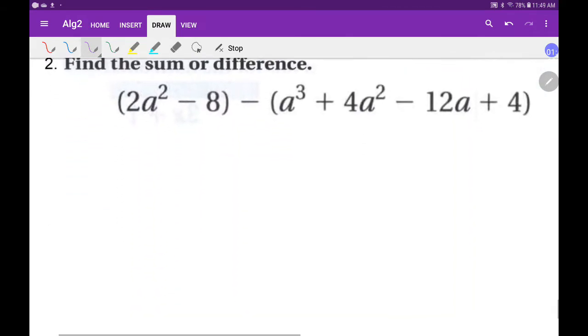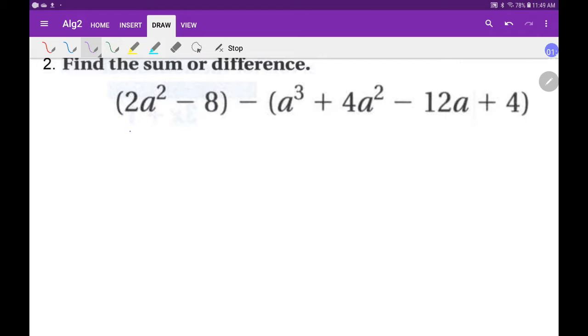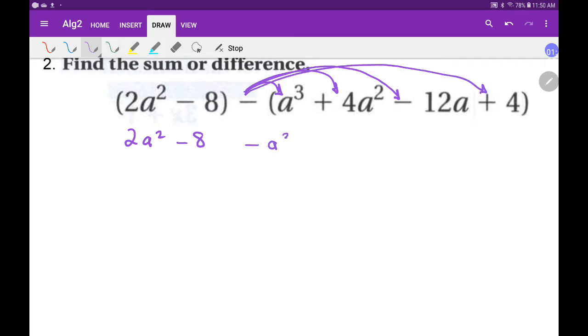One thing that we might want to be careful of here is that we distribute this negative sign to everything in here. It's going to change the sign of every single one. So we're going to have a to the third, which is now negative. Negative 4a squared.